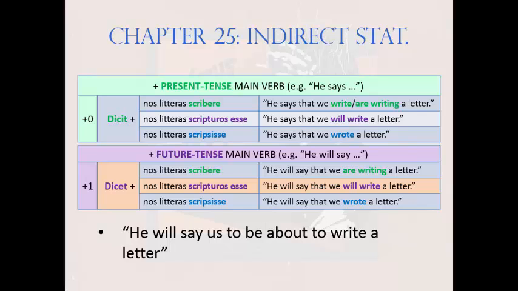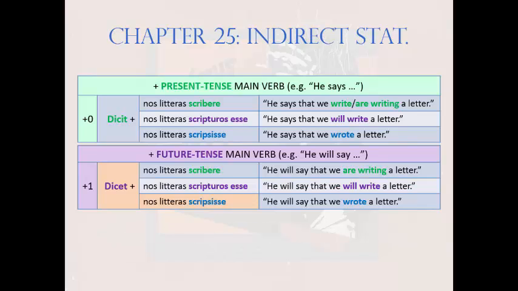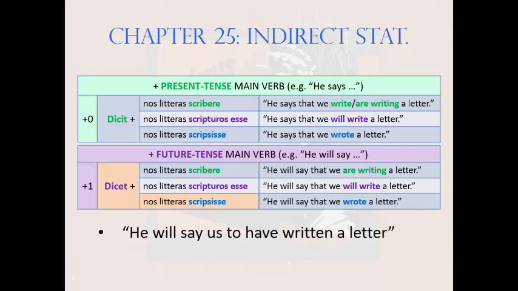If there were a plus future, and there isn't, it would live right here. Using a perfect infinitive, dicet nos litteras scripsisse, meaning in Latin, he will say us to have written a letter, is the equivalent of English, he will say that we wrote or have written a letter. No problem with tenses anywhere in this part of the chart.